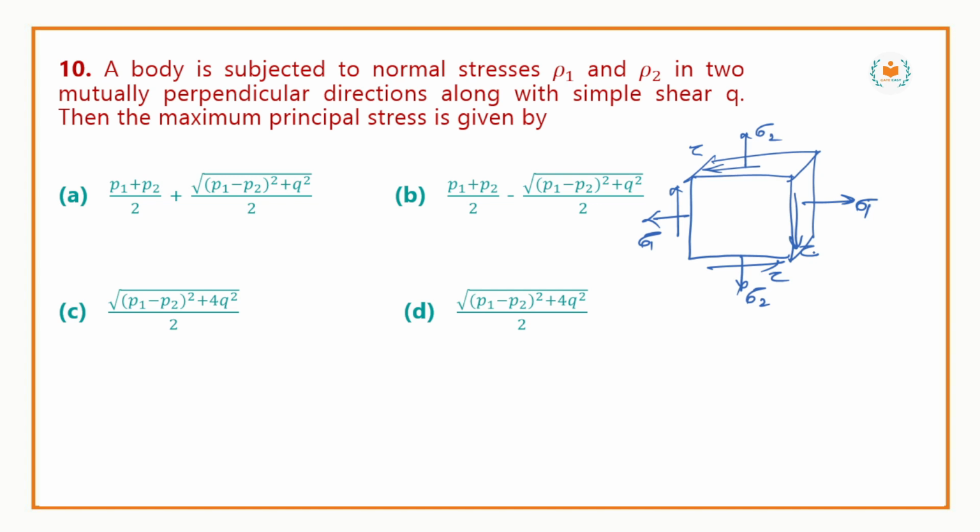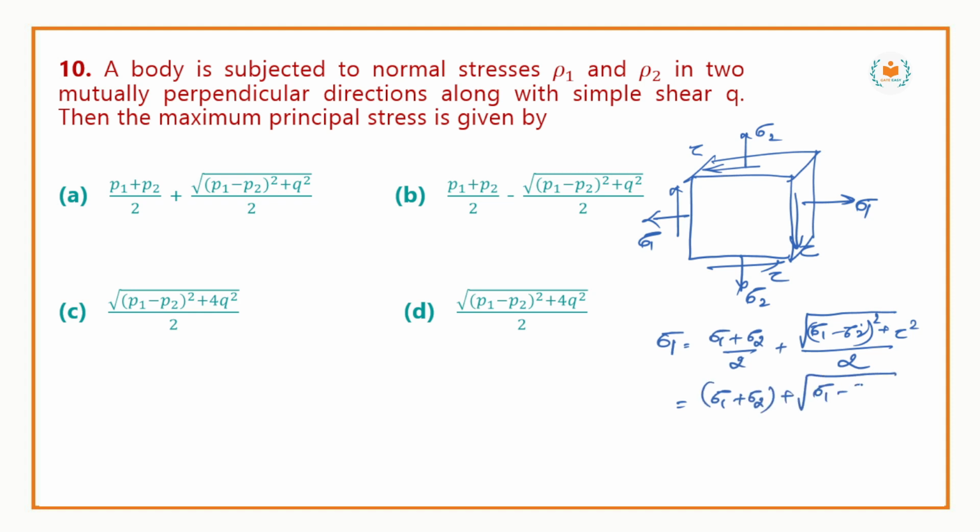Now in this case, the maximum principal stress, which is called sigma 1, is given by sigma 1 plus sigma 2 divided by 2 plus the square root of sigma 1 minus sigma 2 whole square plus tau square, or q square, divided by 2. Sometimes we write it as sigma 1 plus sigma 2 plus root of sigma 1 minus sigma 2 whole square plus tau square, divided by 2.